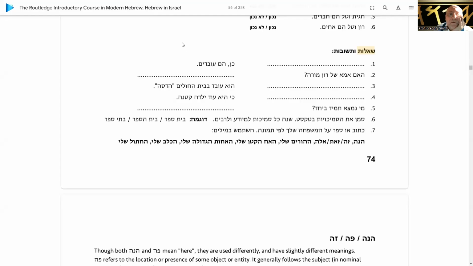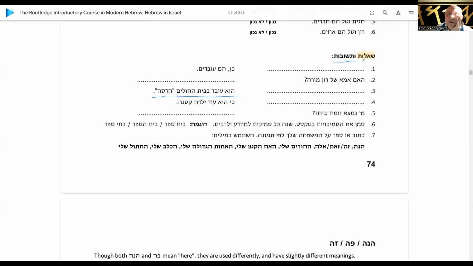Okay, number 3. We have the teshuvot, we have the answer, but we don't have the she'elot, the question. So the answer is, Hu oved ba'bayit ha'holim. Now I think it's Baveit Haholim. בבית החולים.